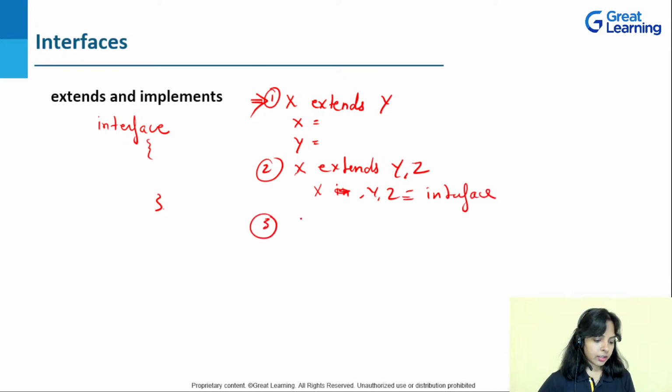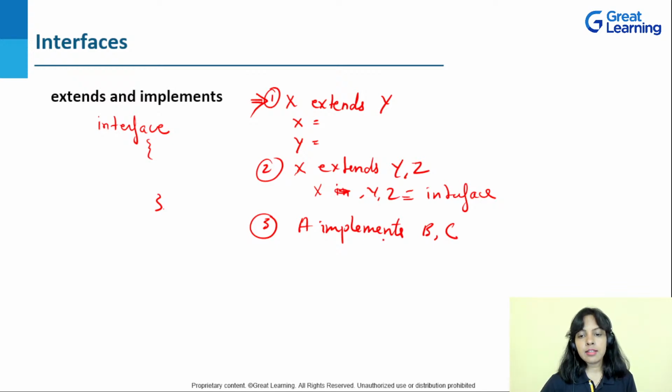Okay, one more I'll be asking you, then I'll move ahead. A implements B, C. Here you tell me. So A implements B and C. The statement will be correct in which case?